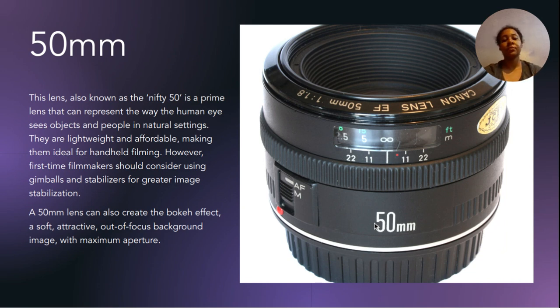This lens can create a very nice bokeh effect, which is a soft, attractive out of focus background with maximum aperture. So you just set up the aperture, then it gives you that image.